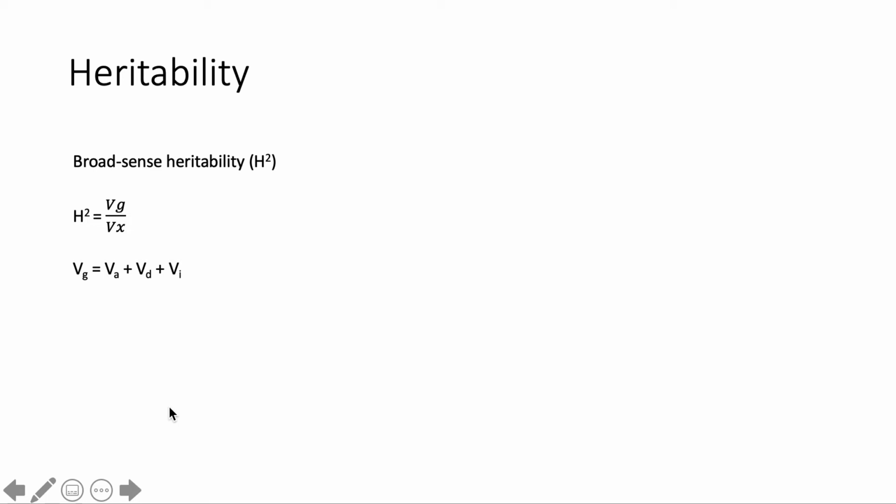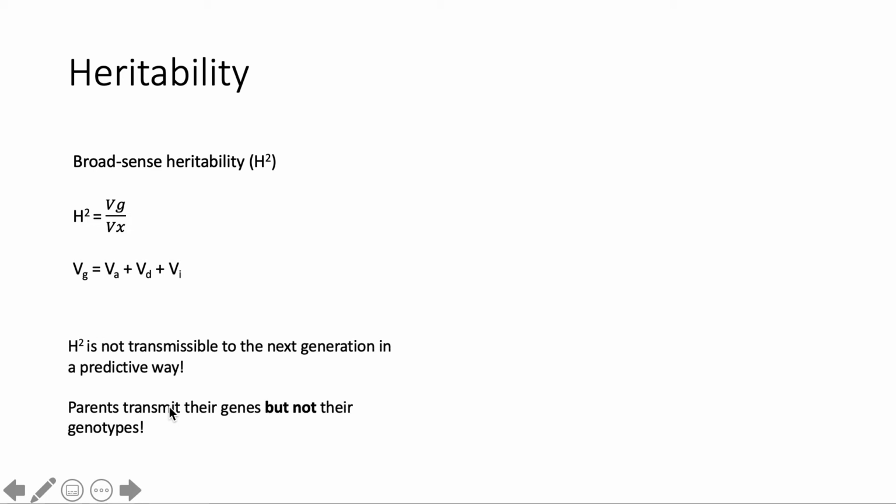So as you can see, it is important to have an understanding of the broad sense heritability because every single genetic variance is included in the broad sense heritability, but that heritability is not transmissible to the next generation in a predicted way.